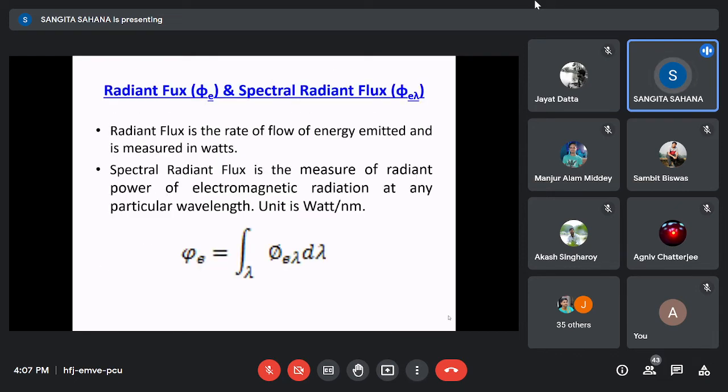Next was radiant flux. What is radiant flux? What you just saw in the previous slide, the total amount of output that we are getting from the source, or the rate of flow of energy emitted, measured in watt. And what is spectral radiant flux? Spectral radiant flux is nothing but how much radiation we are getting from the light source at each wavelength.